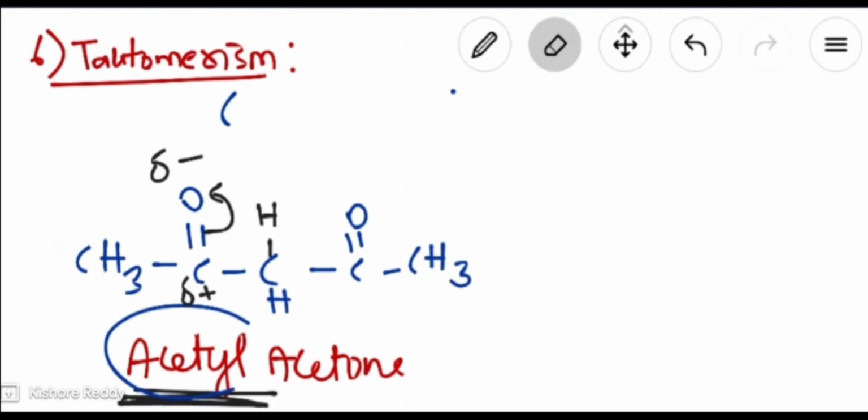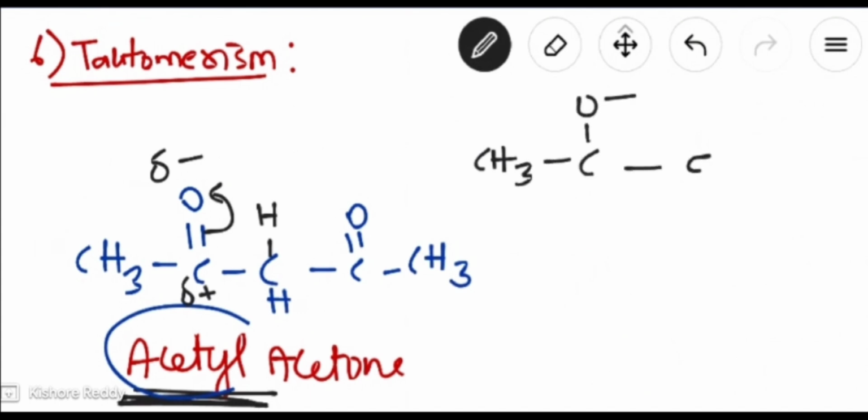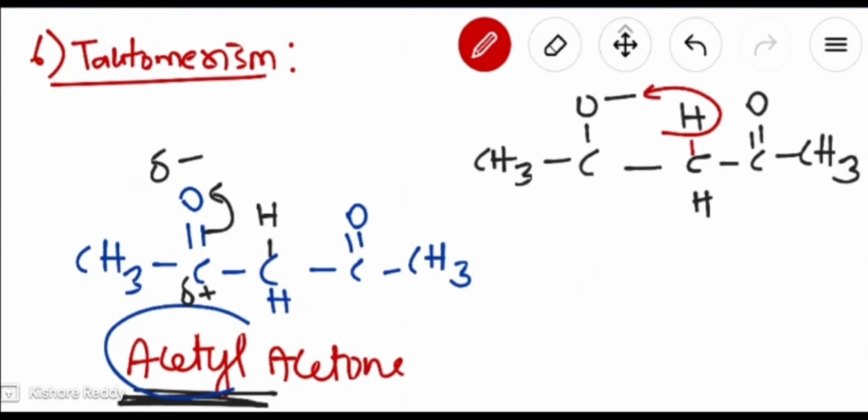See, you wrote like this: CH3 dash C O minus, adjacent position H is there, no? Is it right? Now what it will do? This plus is coming out and attacking to this, and your bond is coming here to form a double bond.